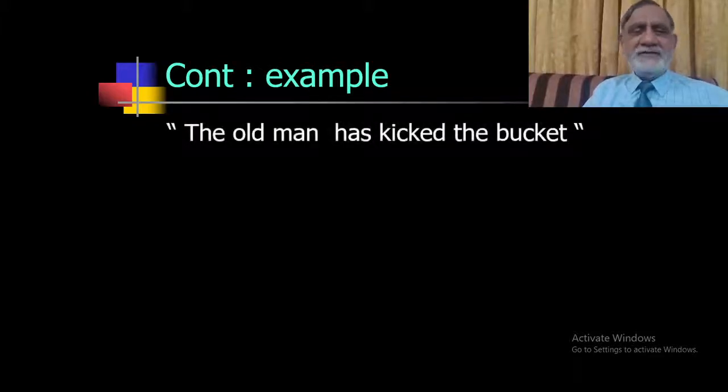And another example of a phrase is: the old man has kicked the bucket. Now, what does that mean? Kick the bucket, if you literally understand that, means the old man was going and he hit the bucket which was on the way. He kicked it with his feet. Now, the phrasal meaning here is the old man has died.